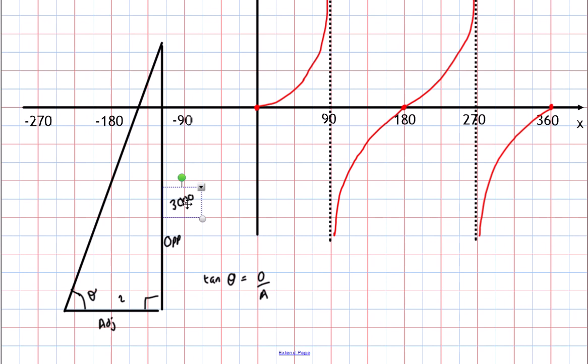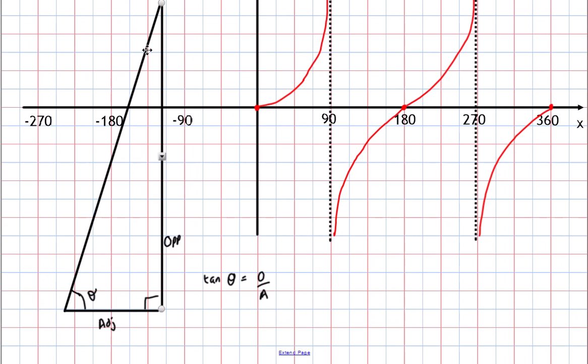Okay, and you can get even taller again. You can go up here. Okay, maybe now this is 5,000 and this is 2, and so tan is 2,500. This angle theta can get very, very close to 90. It can get to 89.9. Now the triangle would be ginormous, look.